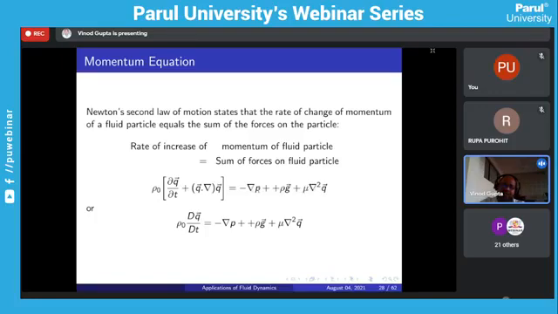So del dot P is the pressure term, and mu del square Q is the viscous force. So these two are the surface forces, and rho vector g is the body force, which acts on the body. Right? On the left hand side, we can write capital D over Dt, which is the change in the fluid element.